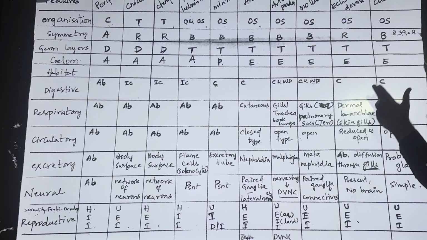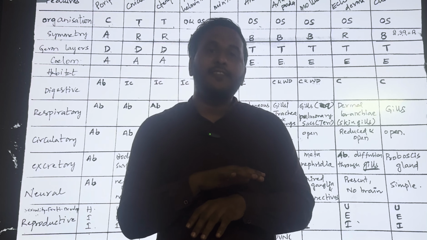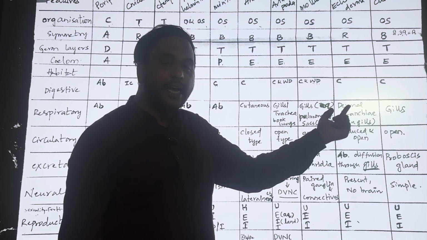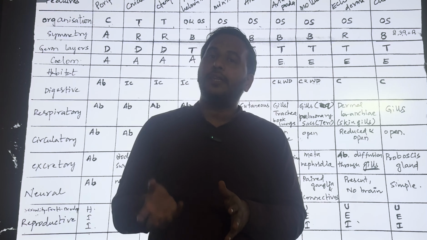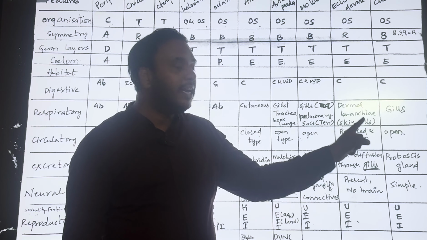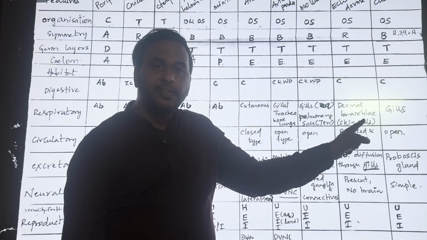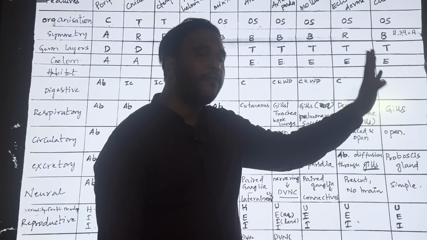Next phylum Echinodermata, they will have the branchiae on their skin, so we call them dermal branchiae. So this is a kind of branchial respiration only, but the gills are present on their skin. Derma means skin, branchiae means gills, so dermal branchiae. The next phylum Hemichordata, you will find gills.